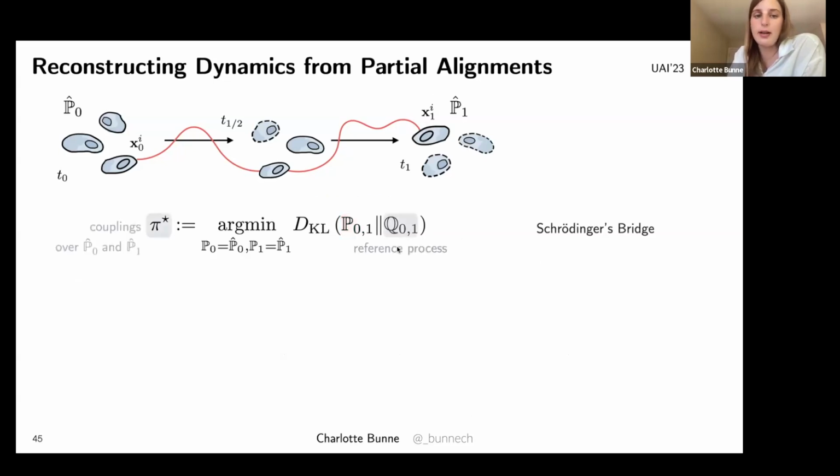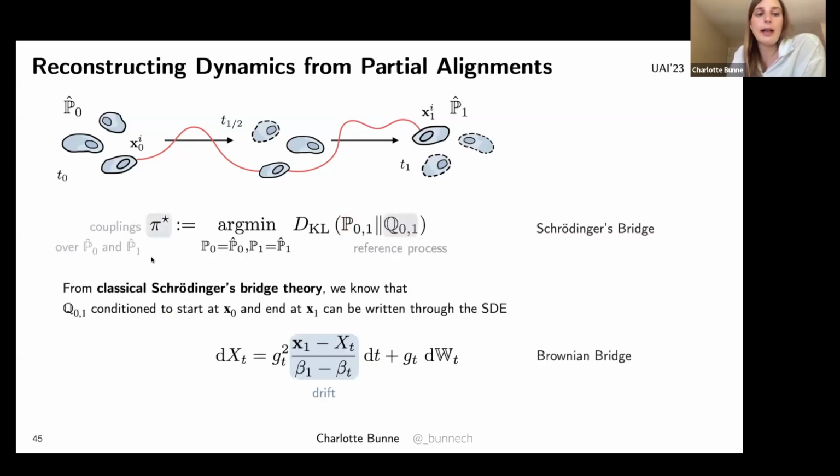Similarly, for the reference process, I can use classical Schrödinger bridge theory, which states that a Brownian motion process that is conditioned to start at x0 and end at x1 can be written through an SDE that's also known as a Brownian bridge, which has a drift that we can compute in closed form.